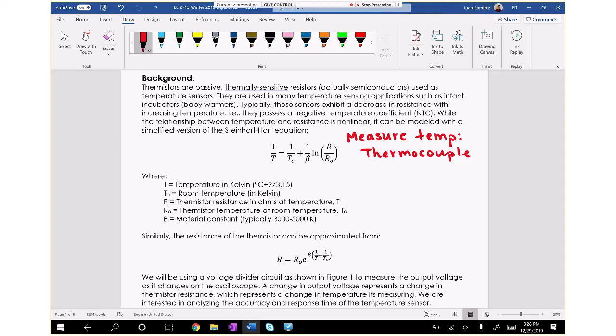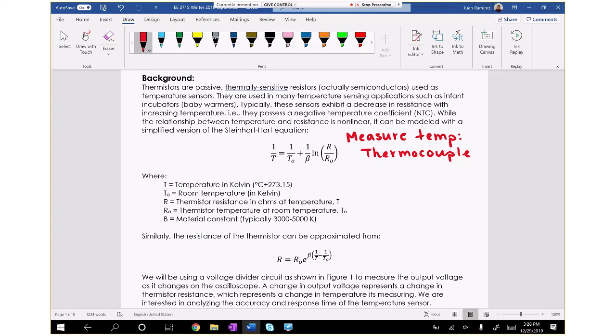You could then connect that thermocouple into a data acquisition unit, some type of measurement system that will convert that thermocouple voltage into a temperature reading.